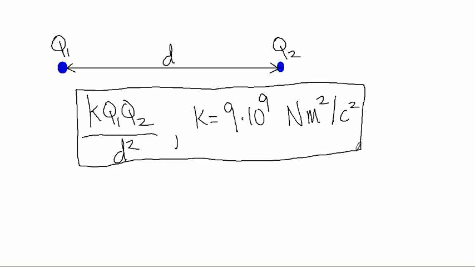And if you have different types of charge, the product Q1 times Q2 will be negative. So you might think that it's a good idea to treat positive answers as repulsive forces and negative answers as attractive forces.